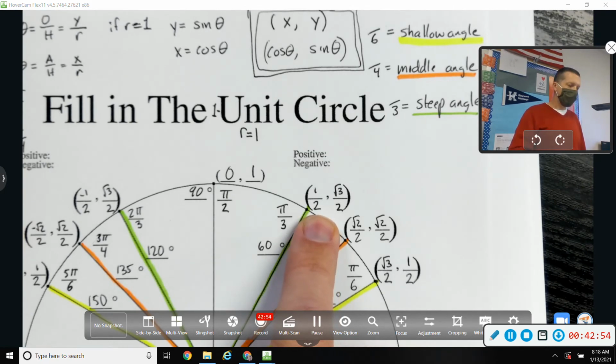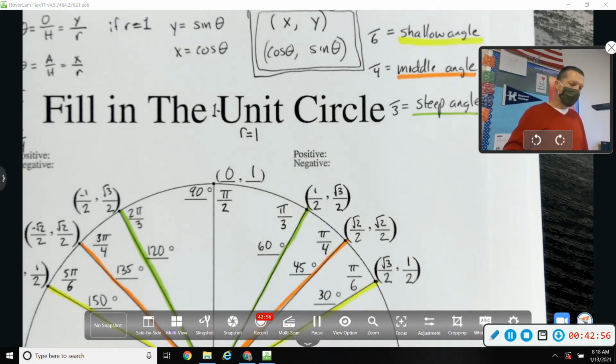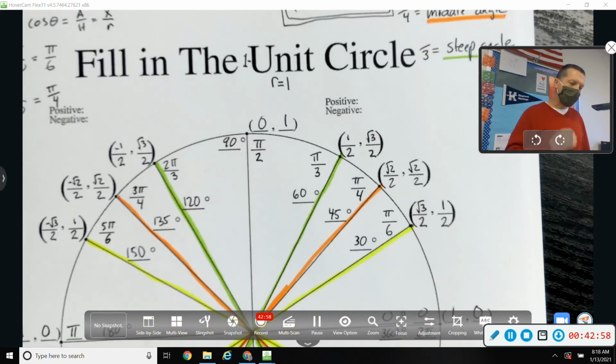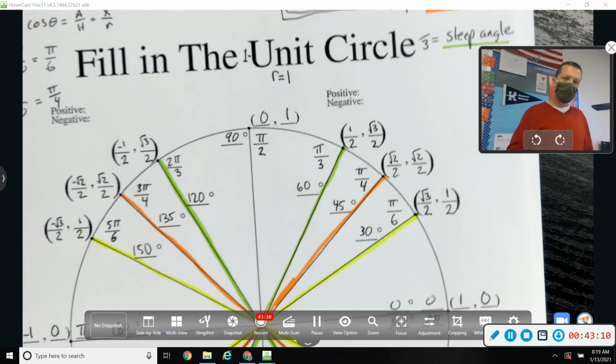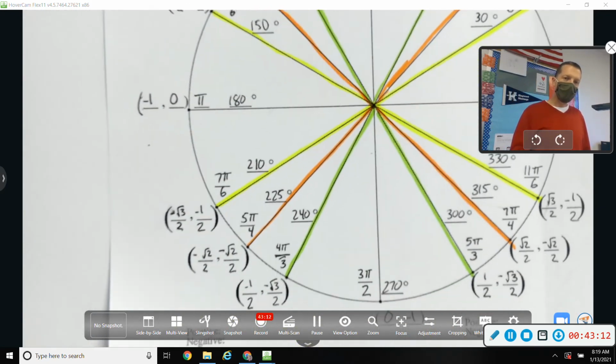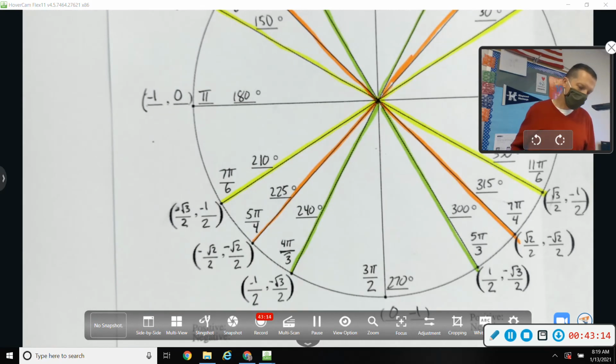What about, don't call it out loud, see if you can locate the sine of 5 pi over 4. So we go to 5 pi over 4. Pick out the correct coordinate. And what's the sine of 5 pi over 4?